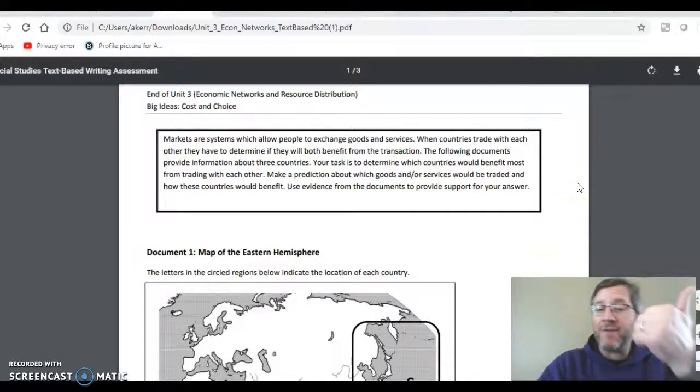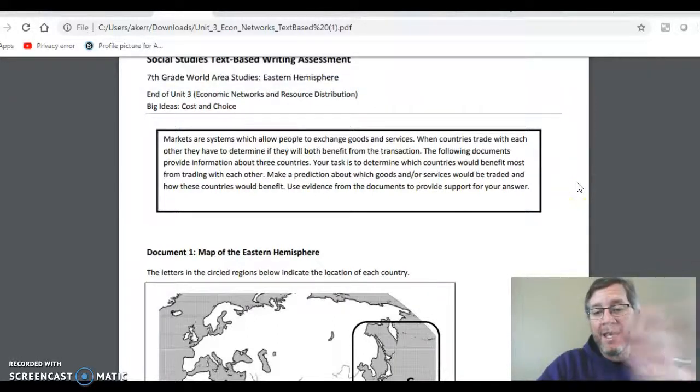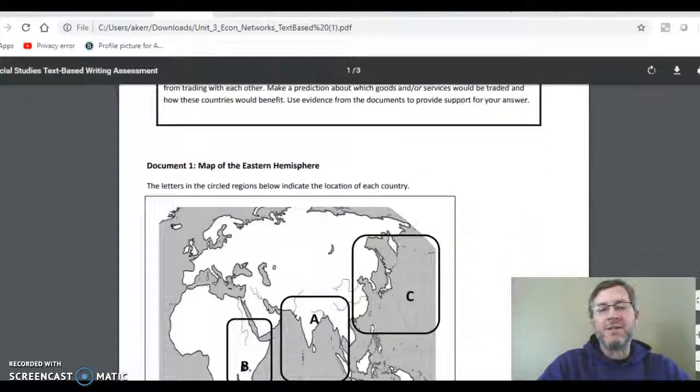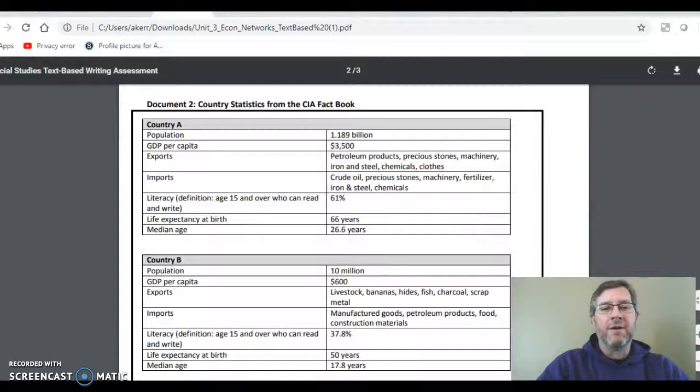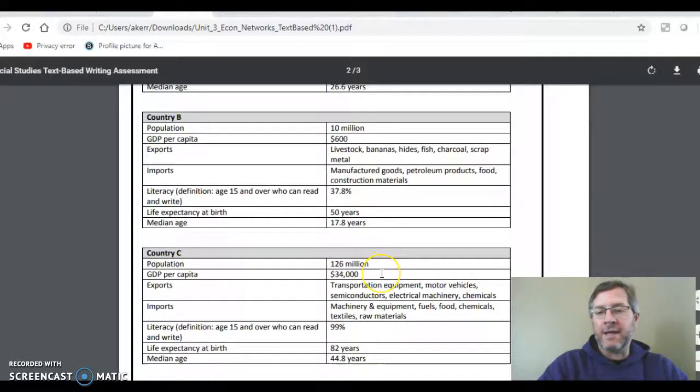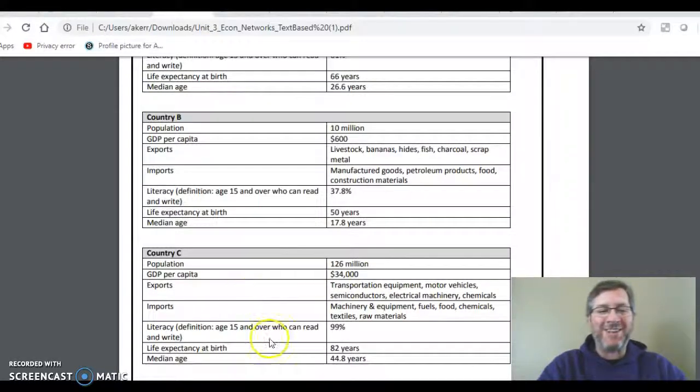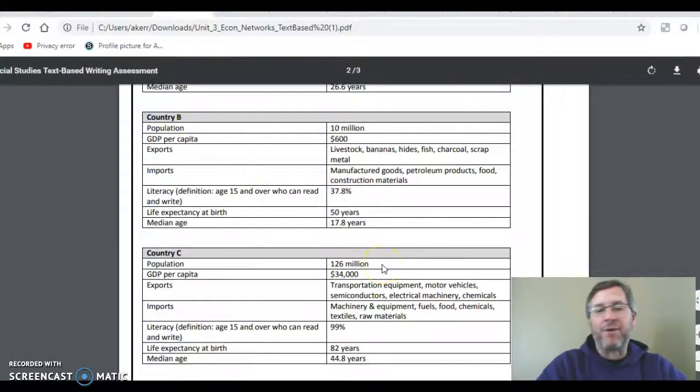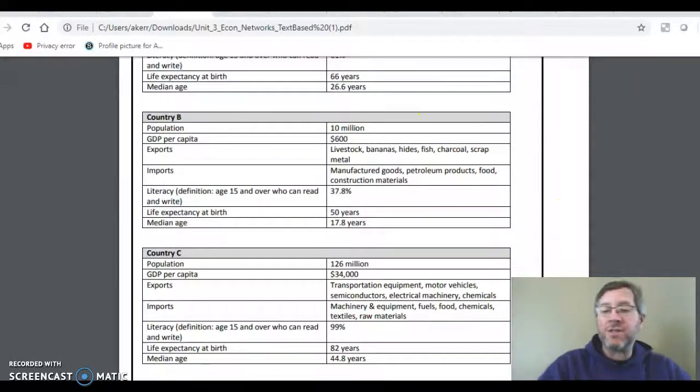So remember, you have an introduction, three evidence paragraphs, and a conclusion. In those 3 evidence paragraphs, you're going to say, I think country A will trade X, Y, or Z to country B, and that will be a paragraph. Country B will trade products M, N, and O to country C, and then the 3rd paragraph is maybe country C trading with country A. So back and forth: what do each of these countries trade?